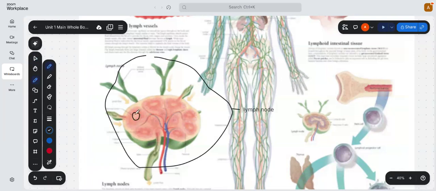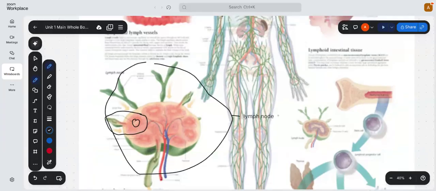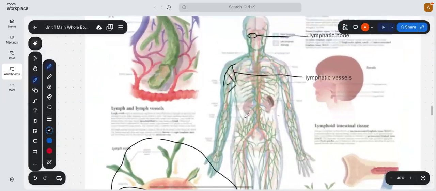That would be your germinal center. A singular one of these pyramids over here, that would be a lymphatic node or a lymphatic vessel. Pretty cool, but we get into more detail on that when we get into our endocrine unit, so not right now. The next thing that you need to know about this is your thymus.